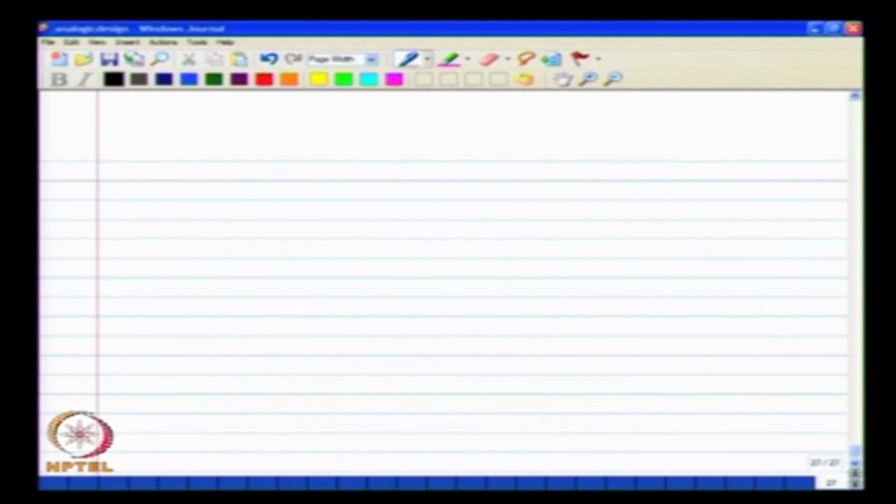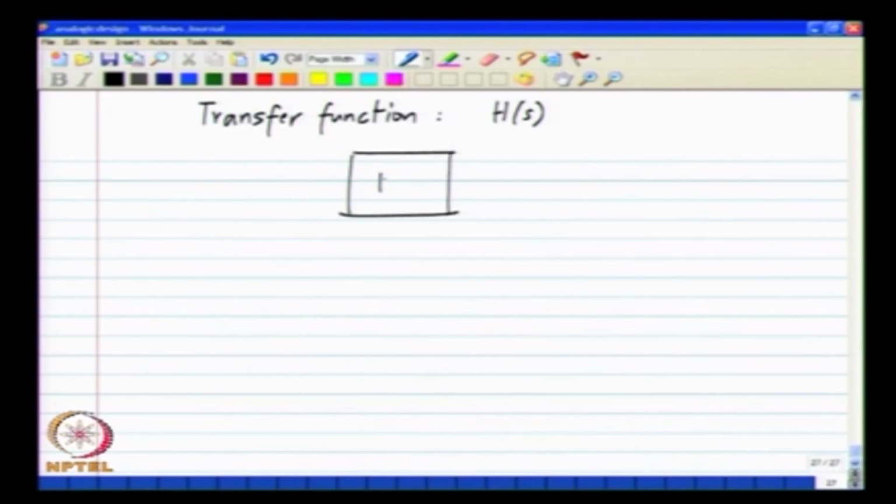So, we know that if the transfer function of the system is H(s) and you apply an input, let us say Vp cos ωt, to such a system, the output will also be a sinusoid, and we know what sinusoid it is going to be.